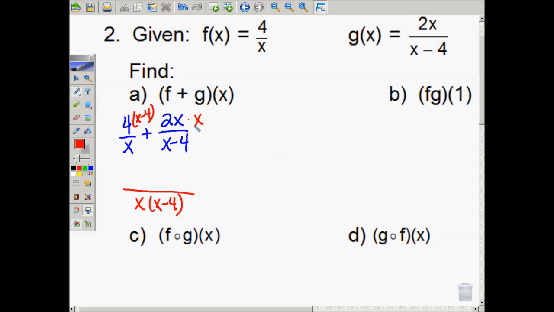So now I have 4 times x minus 4 plus 2x squared. Rearrange. What's my leading term? 2x squared. 2x squared plus 4x minus 16, over x times x minus 4.